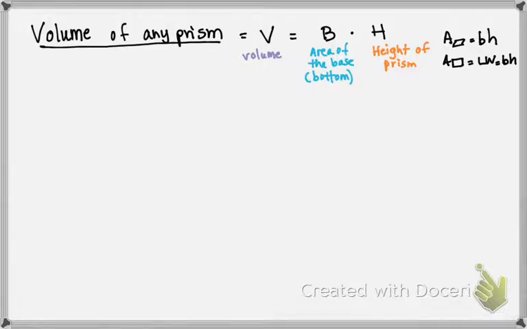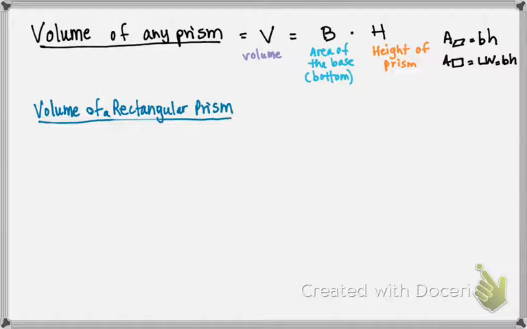So how does the formula change based on us coming up with a new shape? So if I want to know the volume of a rectangular, let's say a rectangular prism, the only thing that's going to change with this generic formula is what I put in for the area of the base.